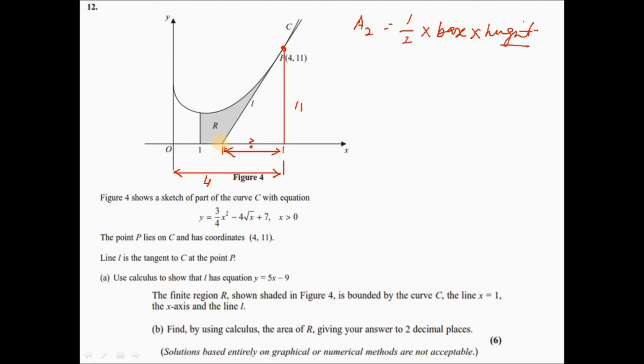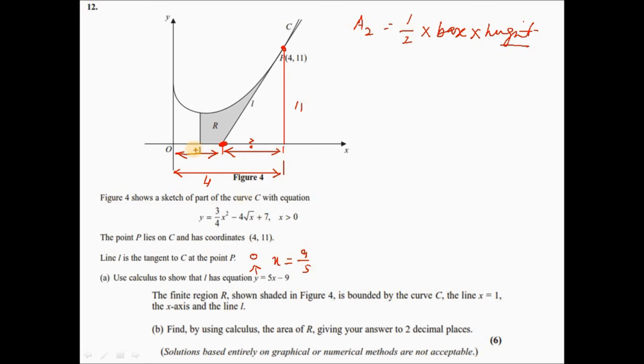If we can figure out the coordinate of this point, which is the x-intercept of the line, we can subtract it from 4 to get the base. How do you find this x-intercept? You put y equal to 0, so x is equal to 9/5.